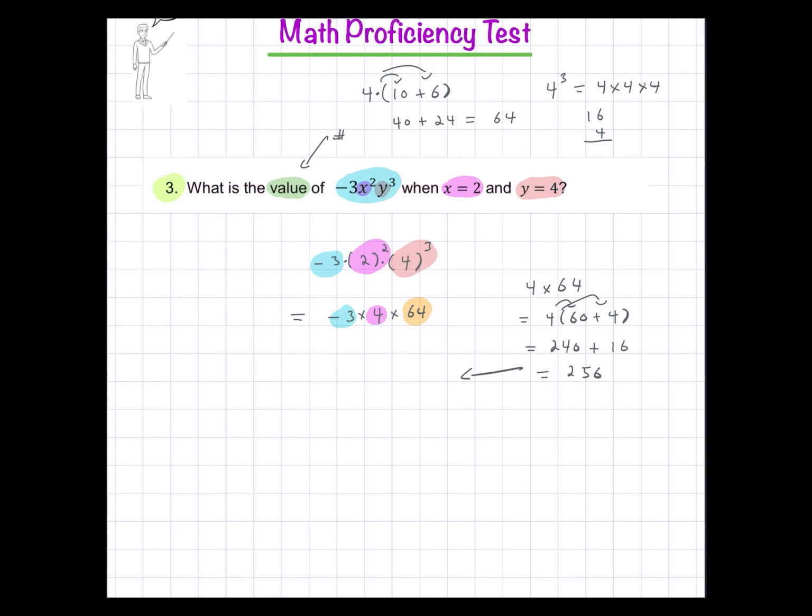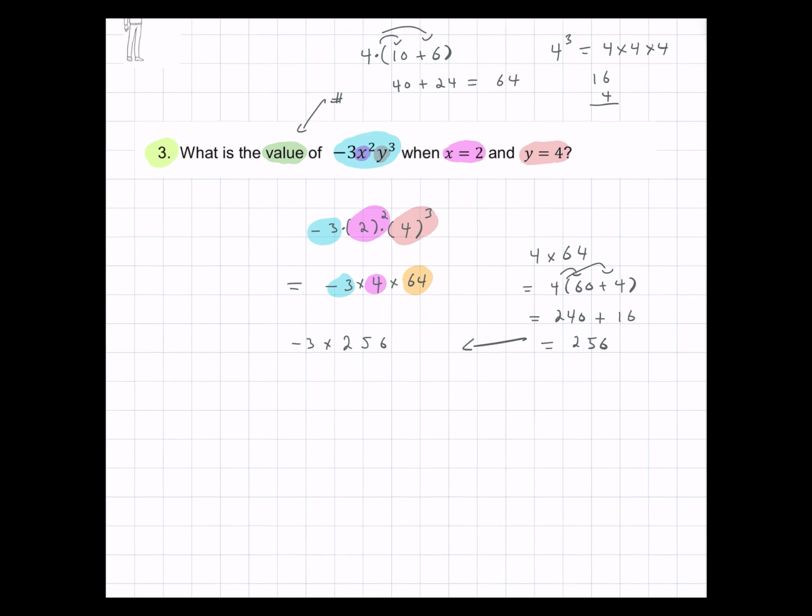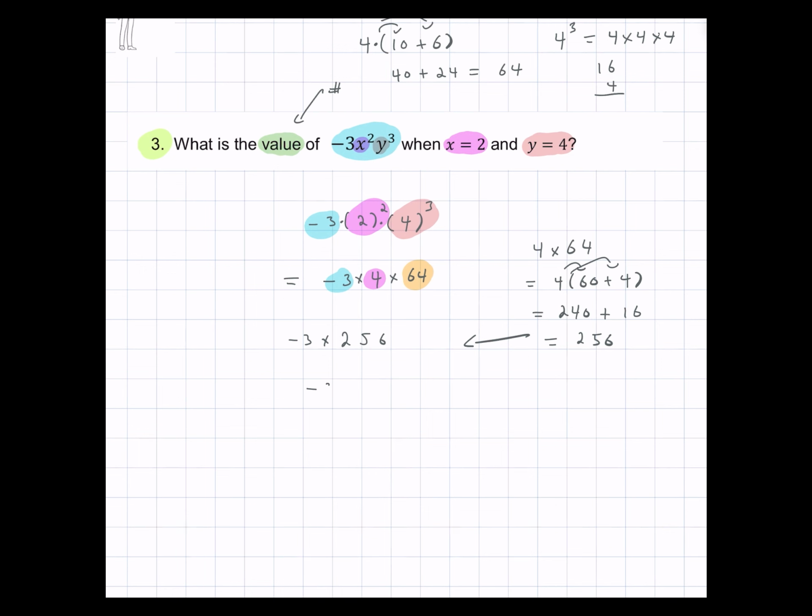And then I go back and I say, okay, what is 256 times negative 3? Well, same exact thing. I have negative 3 times 200 plus 50 plus 6. I know that a negative times a positive is negative, so I'm just going to leave the negative out here and do my multiplying of the 3 by the 200.